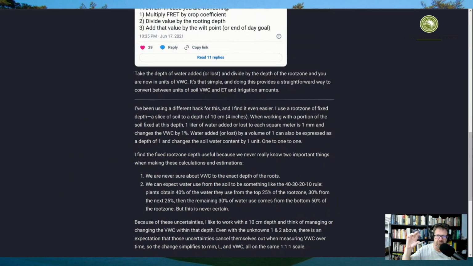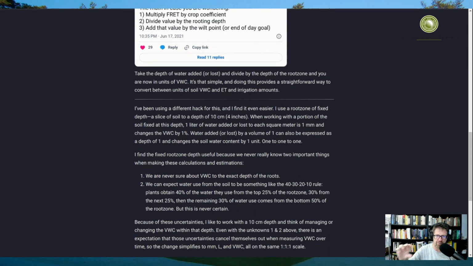You can expect that 40% of the water uptake would happen from the top 25% and 30% from the second 25%. So already we've got 40 plus 30 equals 70%. We can expect 70% of the water uptake would be happening from the top 50% of the root zone's depth.